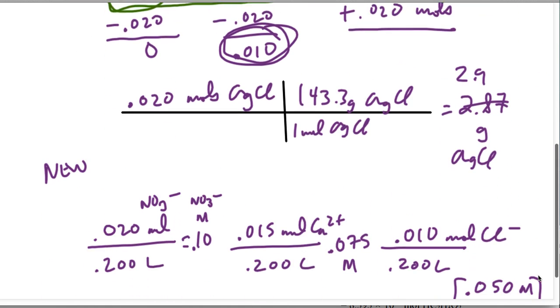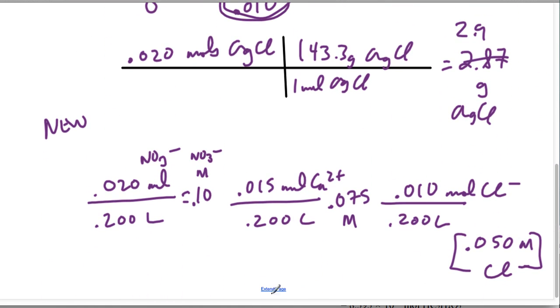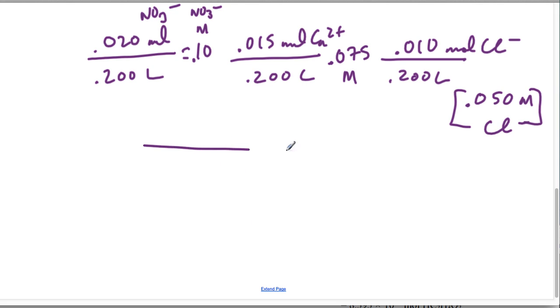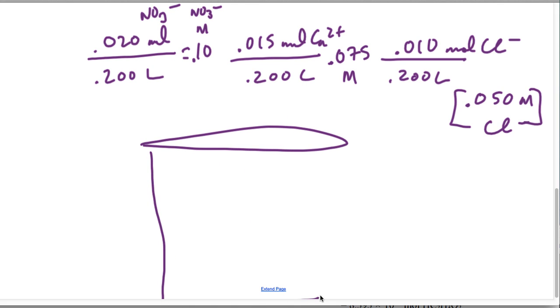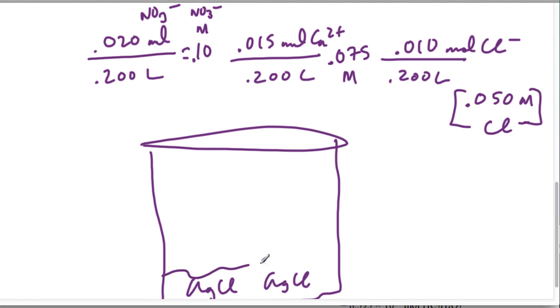The last thing we talked about in class is what would the beaker look like? Because remember, we want to be aware of what it's going to look like. Well, we said the product was going to be AgCl, so you'd have a whole bunch of AgCl on the bottom. You would have calcium 2 plus floating around because that is one of the spectator ions.